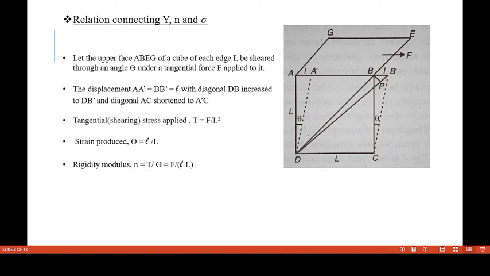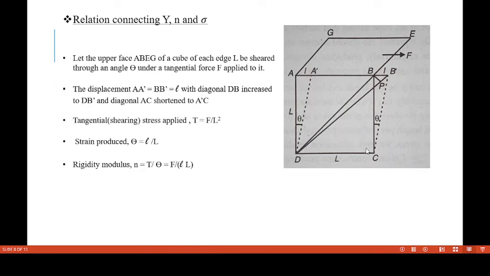So this elongation is caused by two factors. One, a tensile stress along dB, and the second factor is a compressive stress along AC. So the extension or the elongation in dB is caused by a tensile stress along dB and a compressive stress along AC.